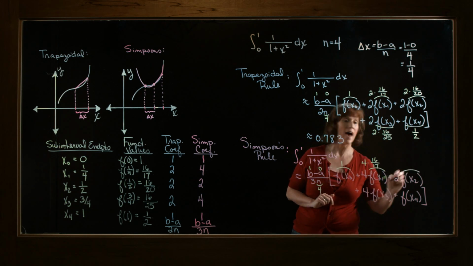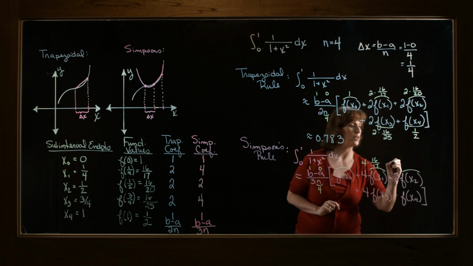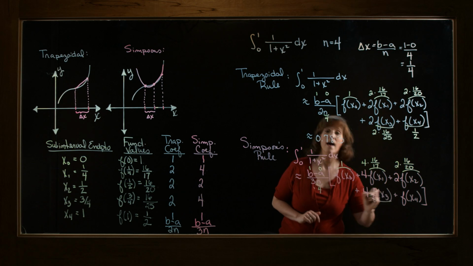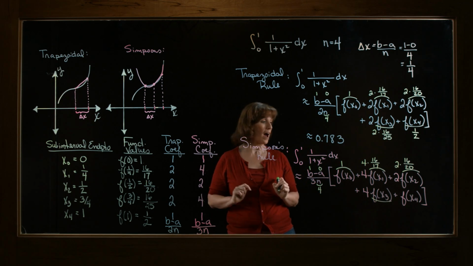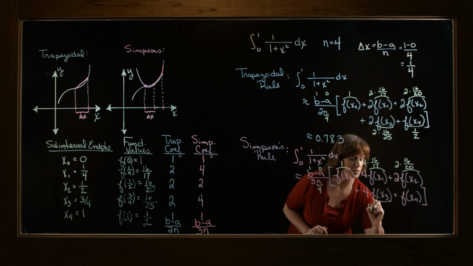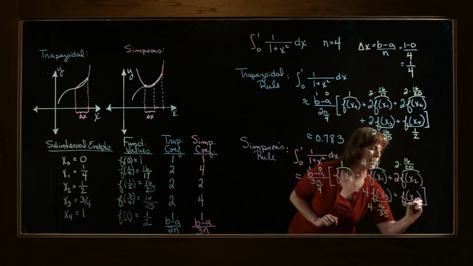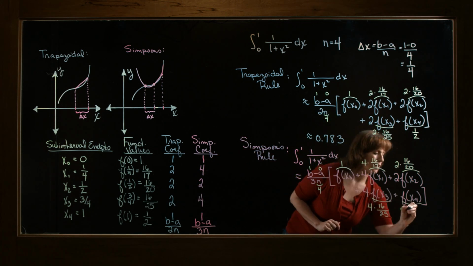The next term, f of x sub 2, that's going to be 16 over 20. But again, don't forget the coefficient, so 2 times 16 over 20. F of x sub 3, that's going to be 16 over 25. So we have 4 times 16 over 25. And finally, f of x sub 4 is going to be 1/2.